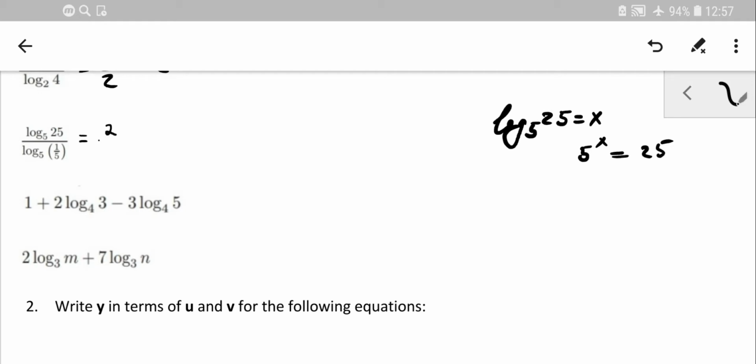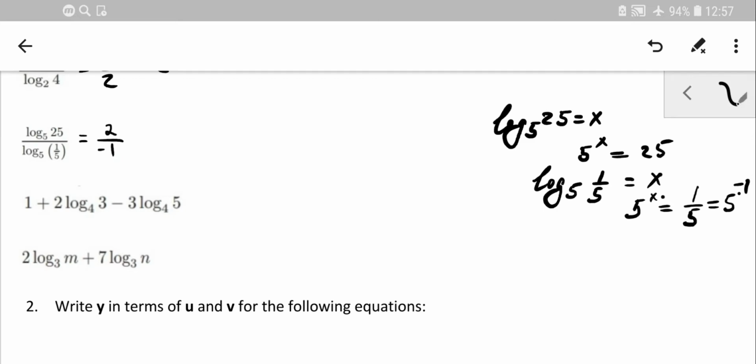So we'll get 2 over, and here log base 5 of 1 over 5. Again, some power x so that 5 to the power of x equals 1 over 5. But 1 over 5 we can write as 5 to the negative 1. So obviously x is negative 1. So we'll get 2 over negative 1. That's why the final answer is negative 2.